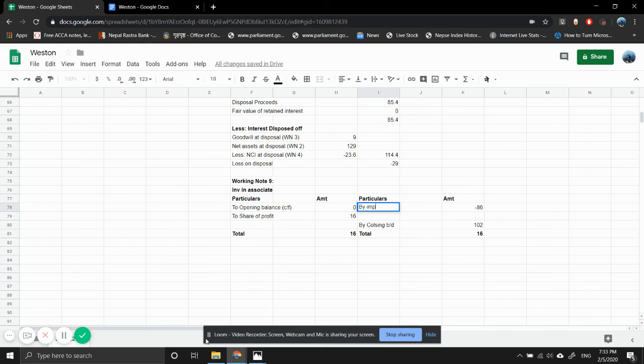So by dividend, how much dividend did we receive? It is 4, into 0.4. That means this will be the sum of everything.